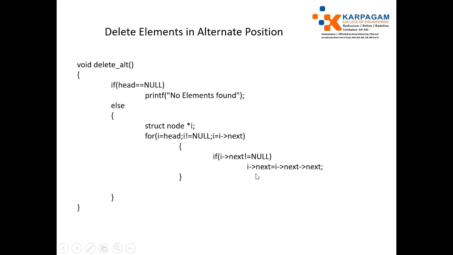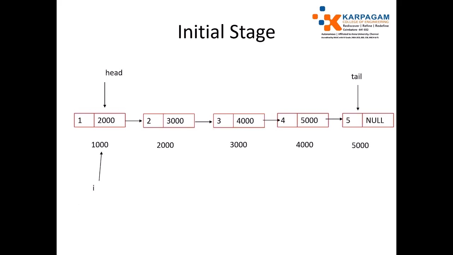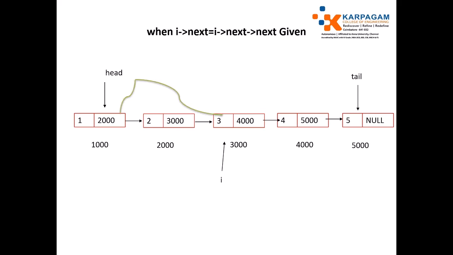I of next, which already had 2000, is replaced by I of next of next, that is 3000. So I moves to this pointer. We are immediately skipping the one node. So in the next iteration I points to this position.